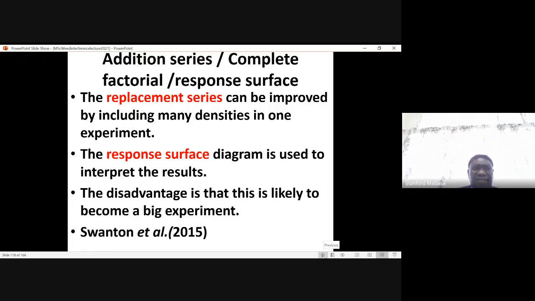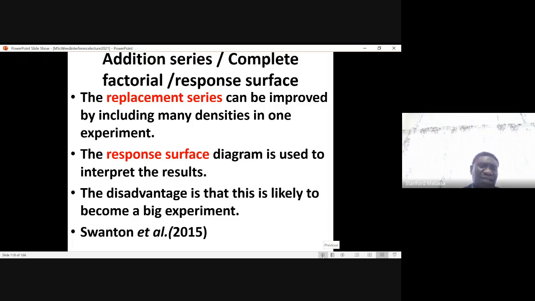The disadvantage of this experiment is that it may become very big, but in some cases, incomplete factorial designs are used if the experiment becomes too big. There's an author, Swanton et al., who actually summarized most of these studies.